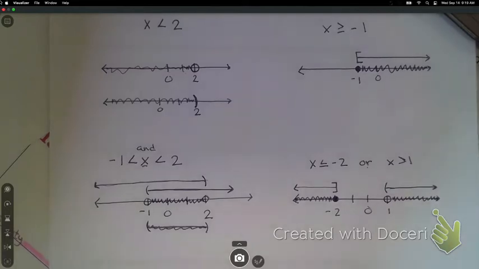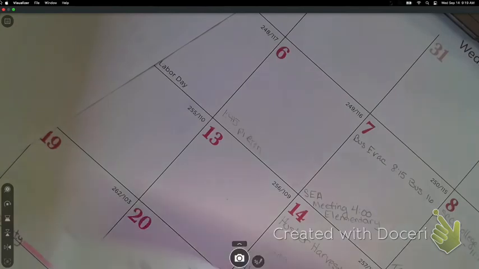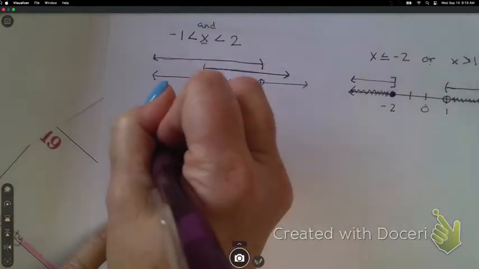Okay, there is one important note. We are going to solve inequalities now, but there's one important thing.